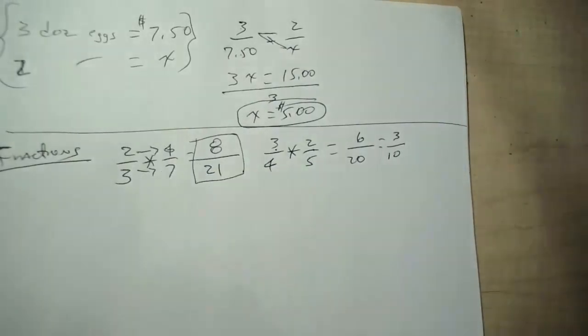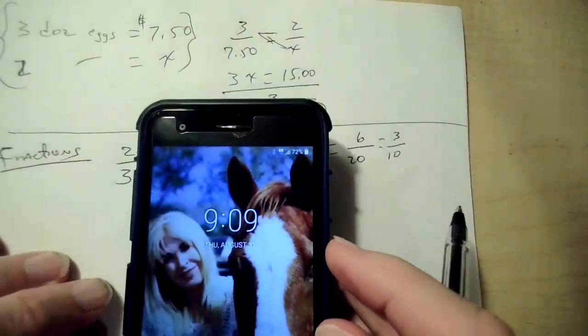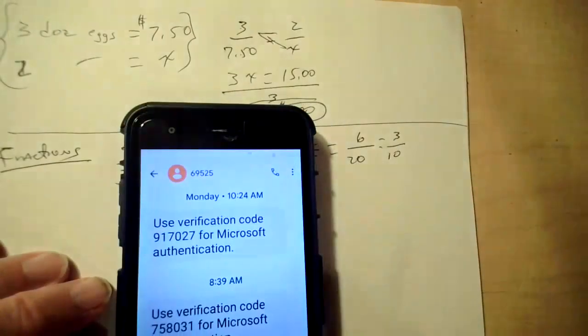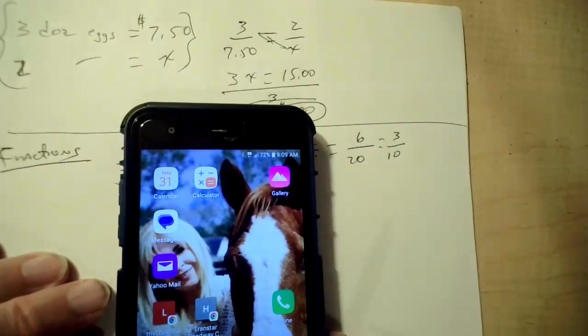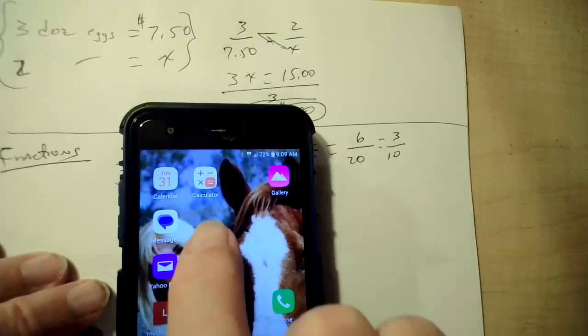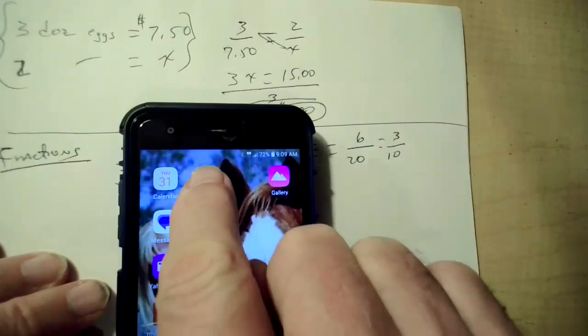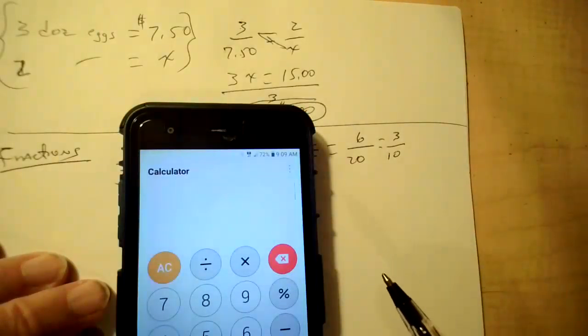Now if they'll let you use a calculator, almost all of them have this. Calculator, right up here.